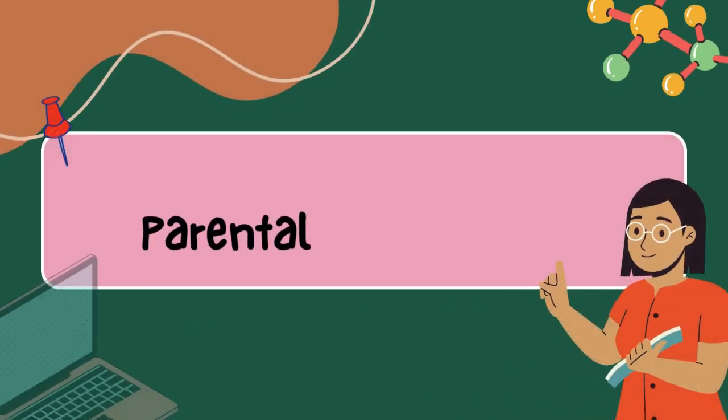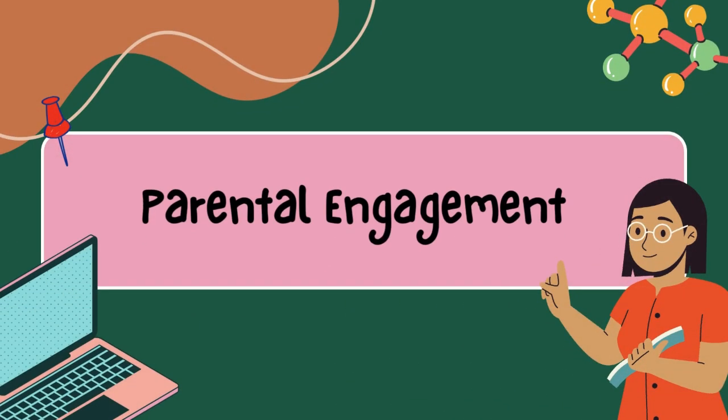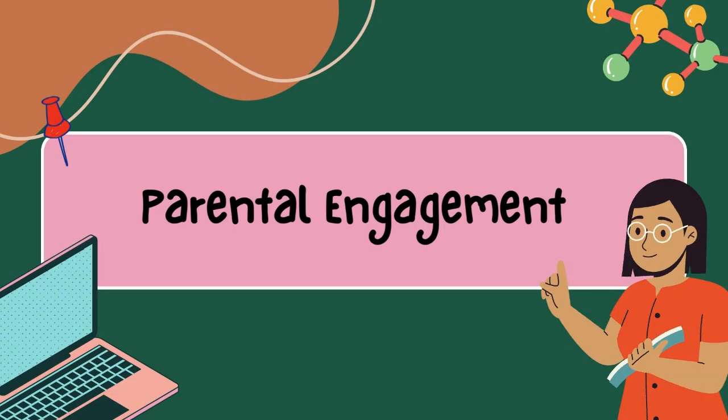Next is parental engagement. It means involving parents in their child's education using digital tools. Technology allows parents to access real-time updates on their child's progress, assessment results, and feedback from teachers. This enables parents to stay informed and involved in their child's learning journey.